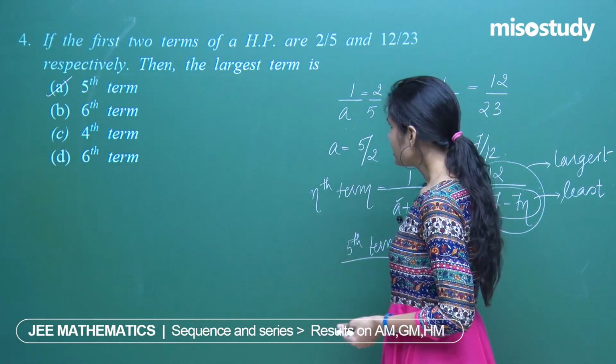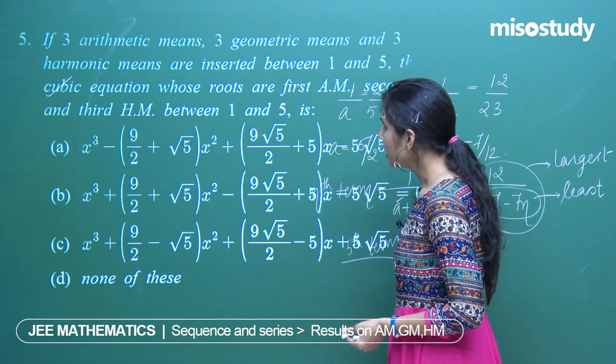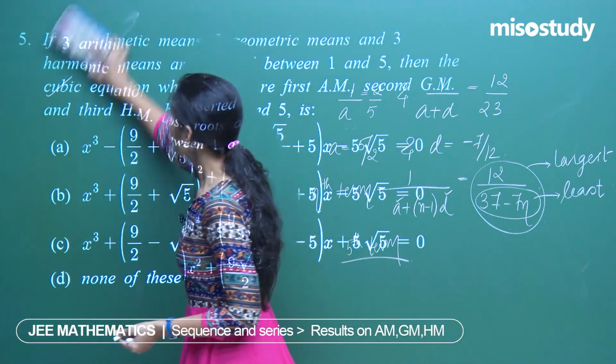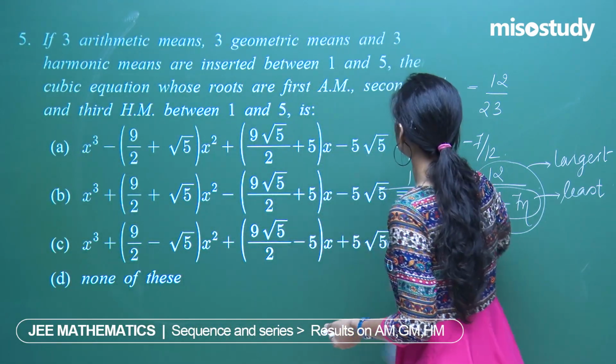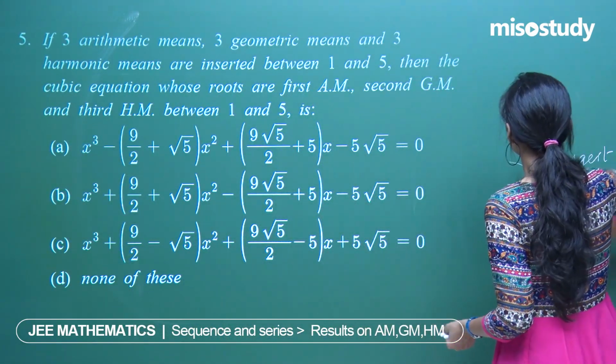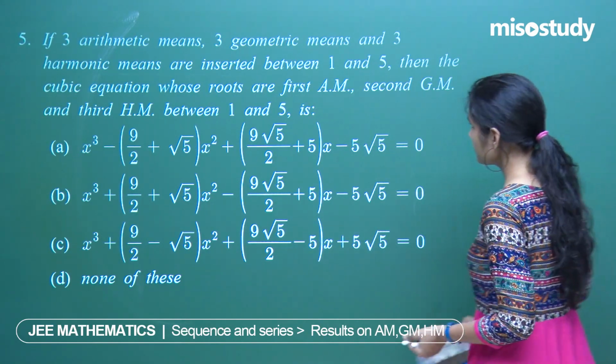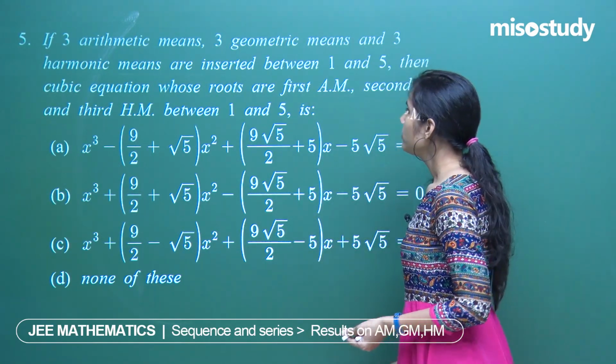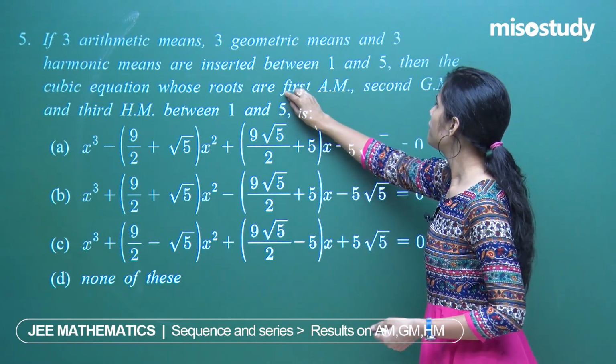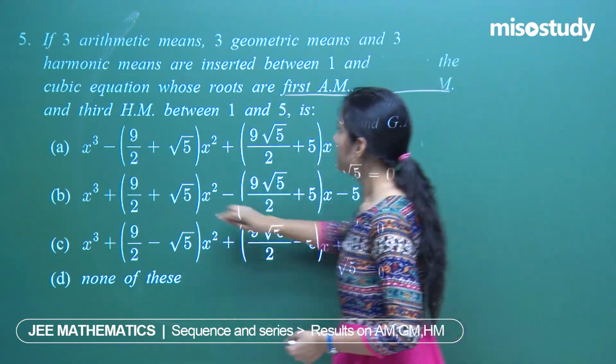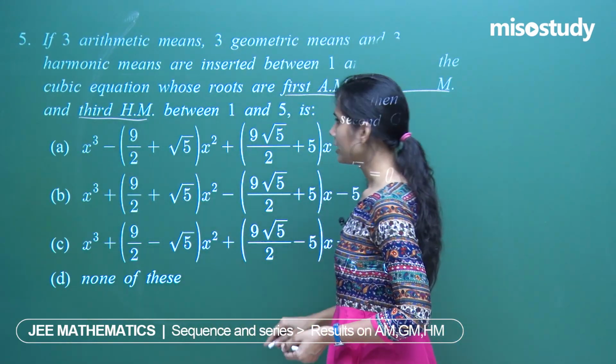Okay. What is the next question? Let's see if 3 arithmetic means, 3 geometric means and 3 harmonic means are inserted between 1 and 5. Then find the cubic equation whose roots are the first AM, second GM and third HM between 1 and 5.